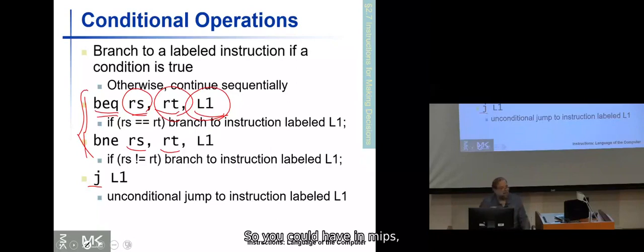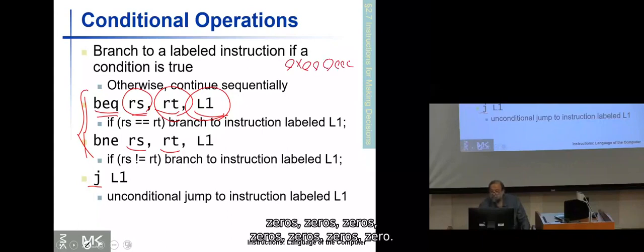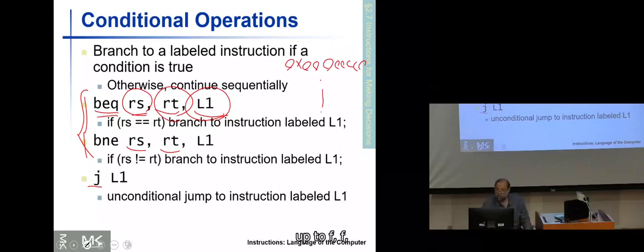So in MIPS, you have registers, and you have memory addresses from 0, let me write in hex, 0, 0, 0, 0, 0, 0, 0, 0. This is the lowest address of the memory, up to F, F, F, F, F, F, F, F, 32 bits.